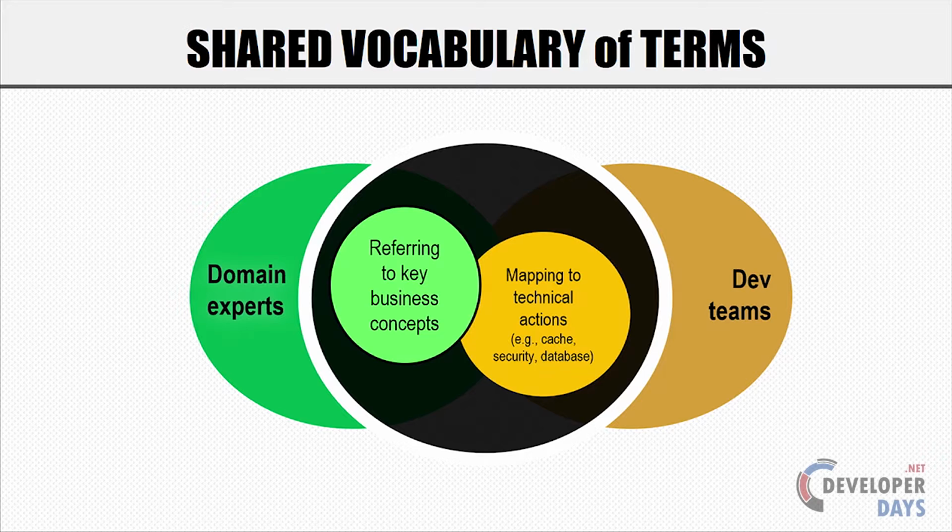And when we write software, we are still necessarily subject to what we call cross-cutting concerns. Security, caching, logging, tracing. Those things are still necessary in any piece of software.